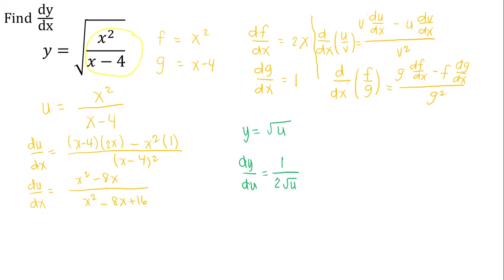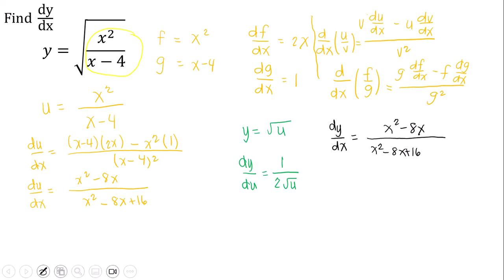And then if we were to get dy/dx, this will be dy/du times du/dx, wherein we'd have to restore u. Now this will become x squared minus 8x over x squared minus 8x plus 16.